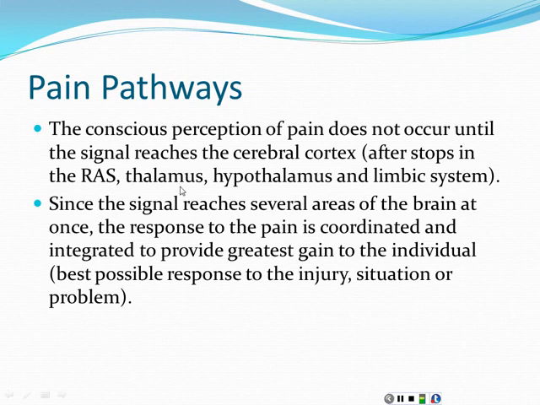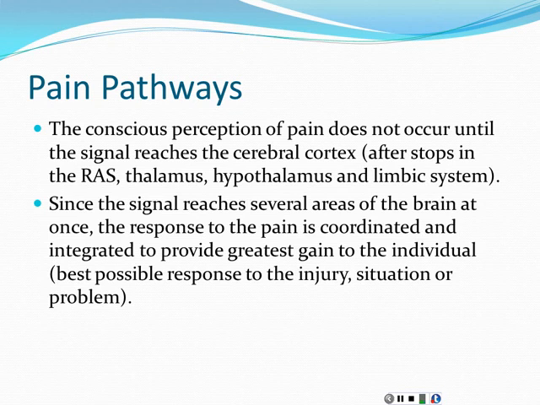The thalamus is going to relay that information to the cerebral cortex so it'll enter conscious perception. And then the hypothalamus and the limbic system create the emotional response to pain. Things like the fight or flight response are triggered by sharp pain in particular.